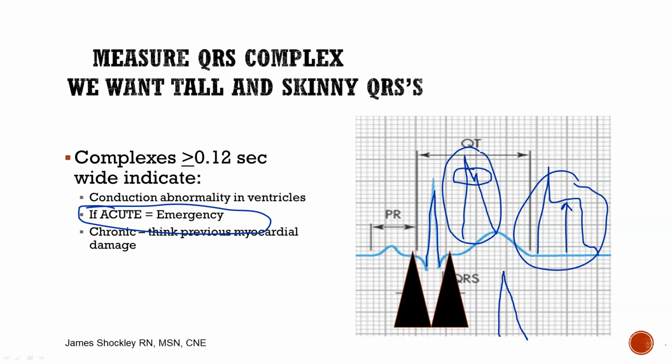Doesn't matter, because if you have a bad pump, something is slowing stuff down, so it takes longer for your ventricles to fully contract. So just ask yourself, is it acute or is it chronic? And then if you put a bunch of those wide and bizarre QRSs together at a really fast rate, you have VTAC. Right?